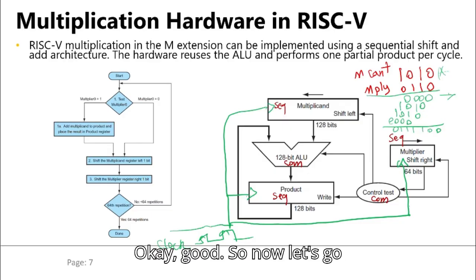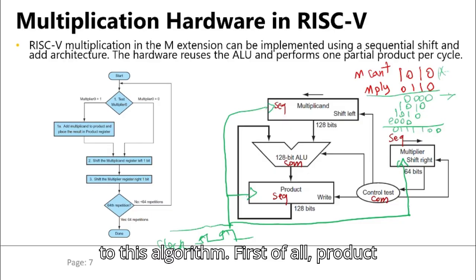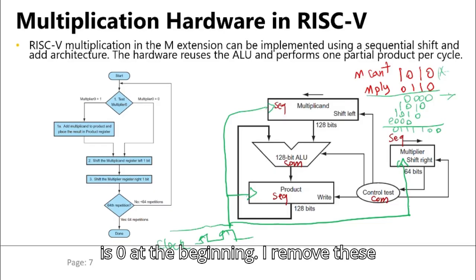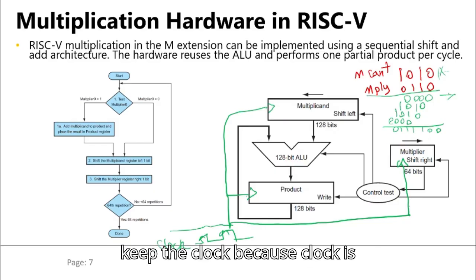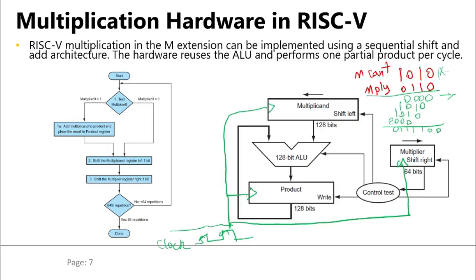Okay, good. So now let's go to this algorithm. First of all, the product is 0 at the beginning. I remove these extra things. I'm going to keep the clock, because the clock is important. Right now this here is 0.